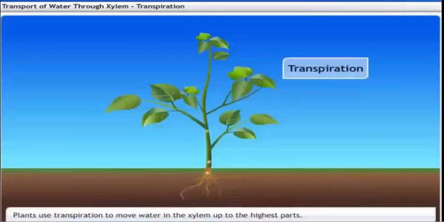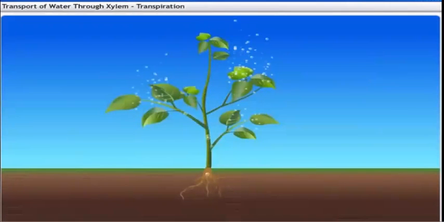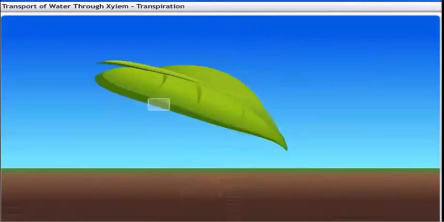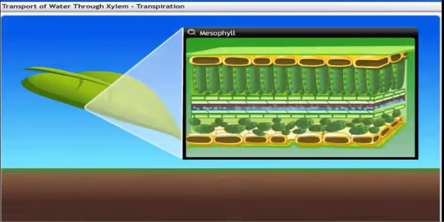Plants use the process of transpiration to move water in the xylem up to the highest parts of the plant body. Let's see how. Evaporation of water in plants takes place from the spongy mesophyll cells to the intercellular spaces present in the leaves and finally through the stomata to the atmosphere.